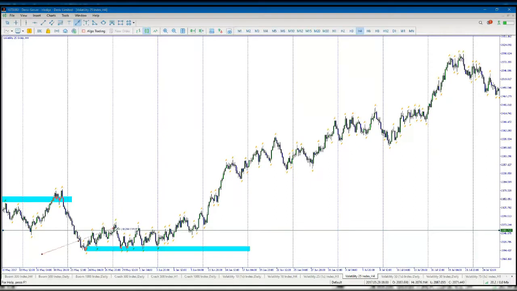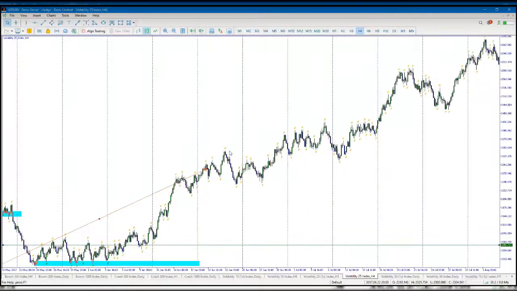In fact, we saw a lot of retests before the bullish move. So market moved from here down here.